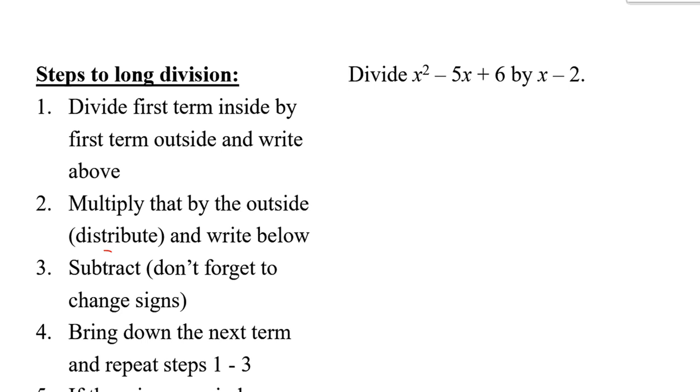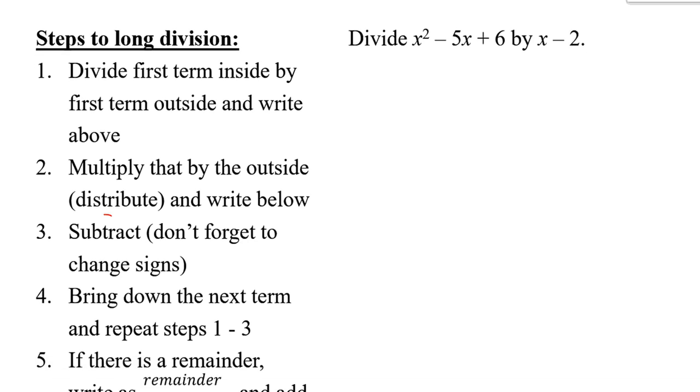All right, steps to long division. Now, if you remember way back when in elementary school or whatnot, there was stuff that you learned like this, 35 divided by 2. And the process was to write the bottom number outside, the denominator, and then the big number in the bottom.